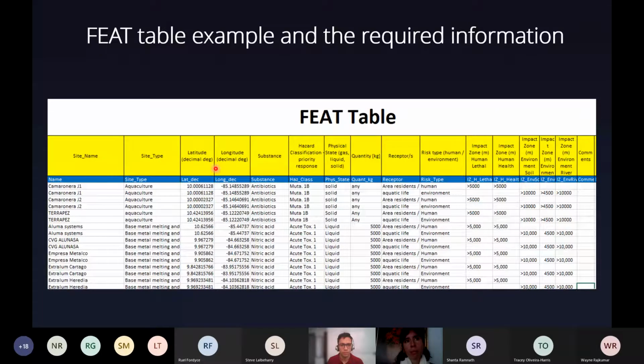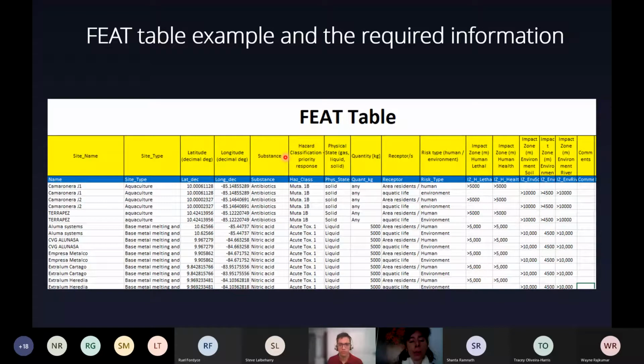This site type was classified according to the hazardous operations table that Diego mentioned before. And according to this information, we obtain the most likely substance that can be present in this kind of operation, the hazard classification of the priority response, the physical state of this substance, and the quantity.